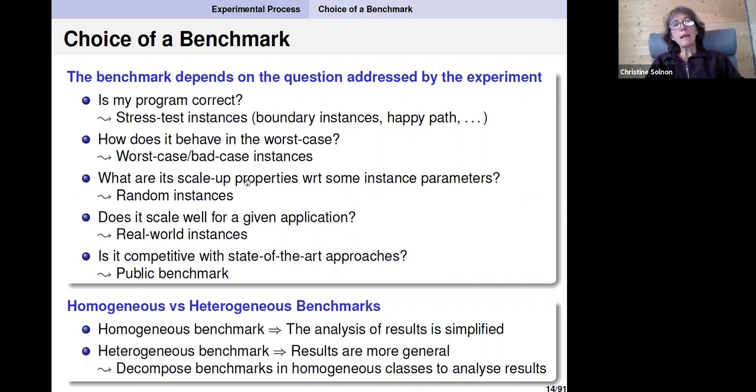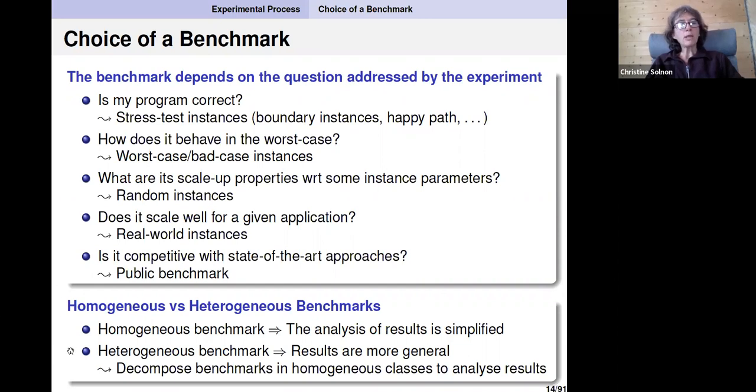If you want to study scale-up properties with respect to instance parameters, which is usually the case in our field of research, then you usually use randomly generated instances, because it allows you to control parameters. If you want to check if your solver scales well for a given application, then you will consider real-world instances. And finally, if you want to compare yourself with state-of-the-art approaches, you have to use public benchmark instances.